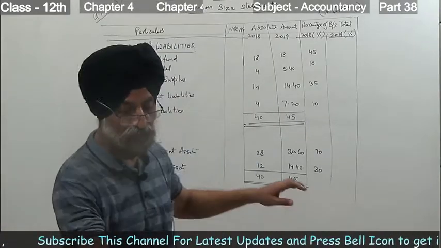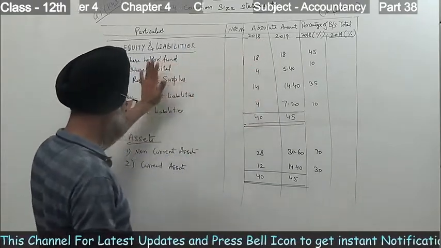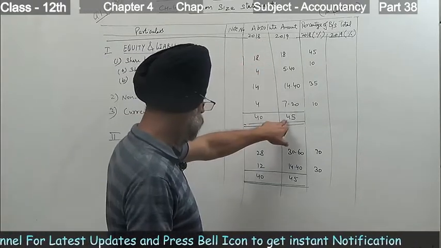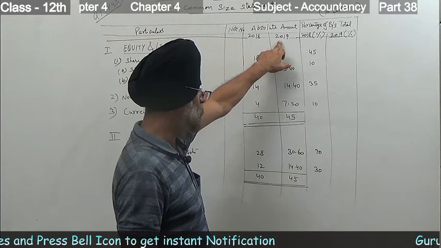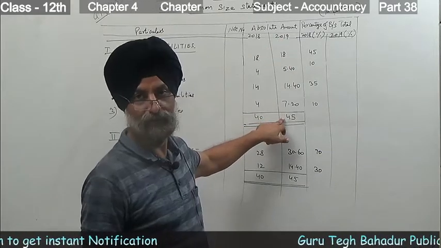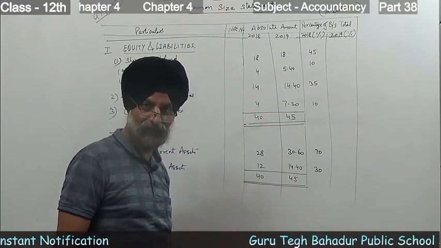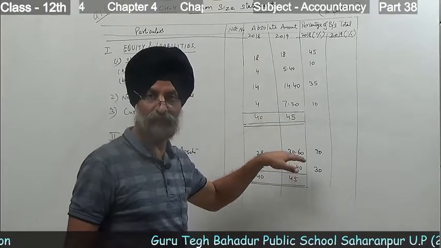In the year 2019, these are the values of each head and subhead, and its total is 45 lakh. So students, for 2019 we have to take the base as 45 lakh. In each calculation for 2019 the base is 45 lakh.